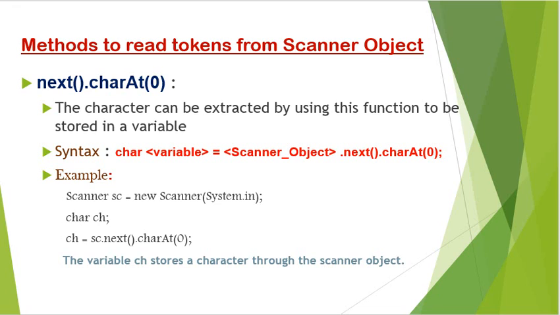The next function, as we have learned, accepts a string from the user. Now the charAt(0), with A in capital letter, this function extracts, as a character, the first occurrence of the character in a whole word.